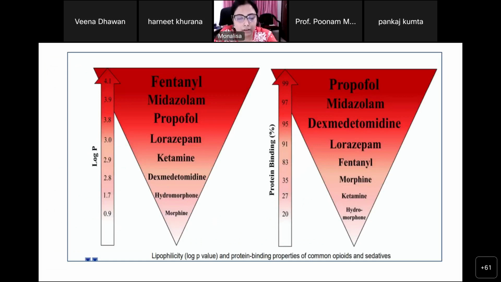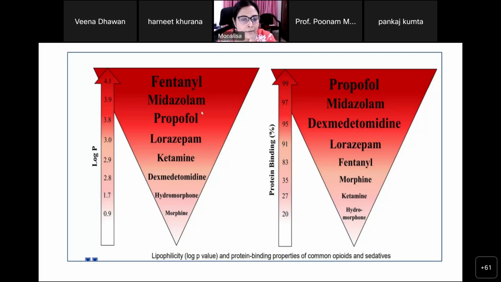So if you see the sedatives and the opioids which we are talking about, these are the main sedatives and opioids which we use in daily life, and this is a beautiful diagram to show the lipophilicity and the protein binding of these drugs. As you can see, fentanyl has the highest lipophilicity, and the protein binding capacity of propofol is highest.